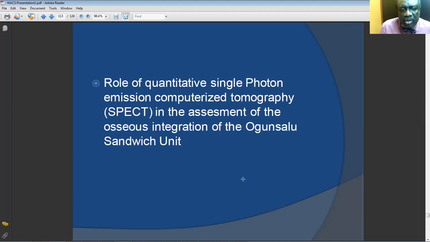So we're going to look at the role of quantitative single photon emission computerized tomography in the assessment of the osseo integration of the Ogunsalu sandwich regeneration technique.